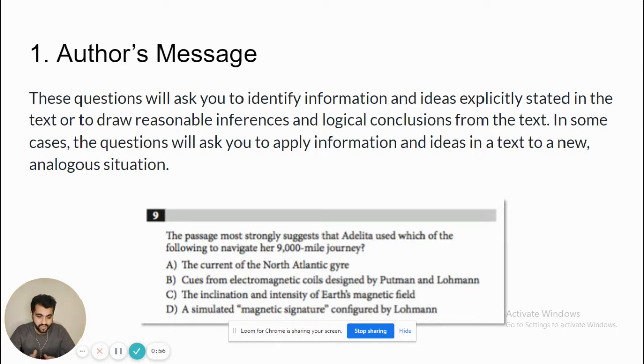So the question here is, the passage most strongly suggests that Adalita used which of the following to navigate her 9,000-mile journey? Here you have 4 options, A, B, C, D. She could have used any one of these for her journey, and you have to check which one of these is mentioned explicitly in the text and then choose accordingly, right?